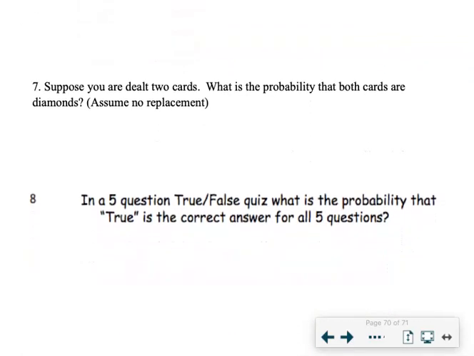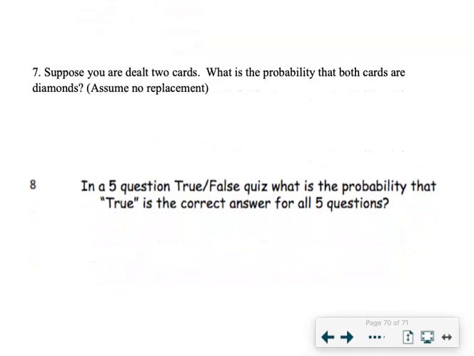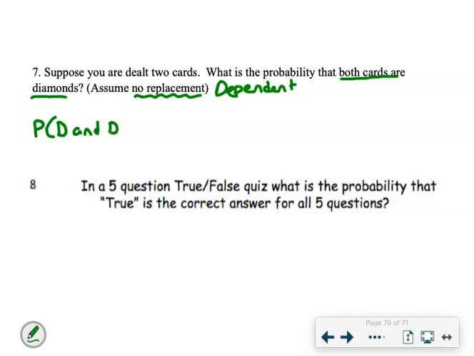Suppose you are dealt 2 cards. What is the probability that both cards are diamonds? So this is saying assume no replacement, which means that this is called a dependent problem. The second fraction depends on the first fraction. Okay? So the probability that we get 2 diamonds, so diamond and then another diamond.